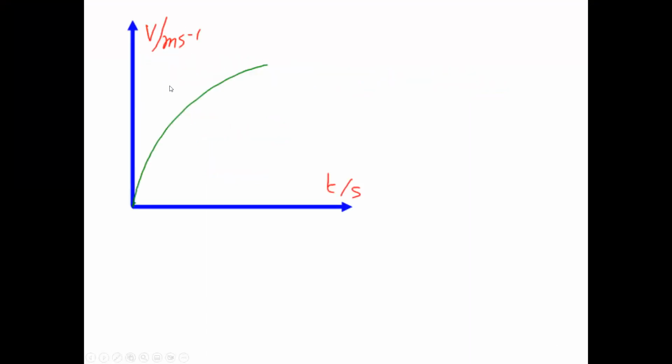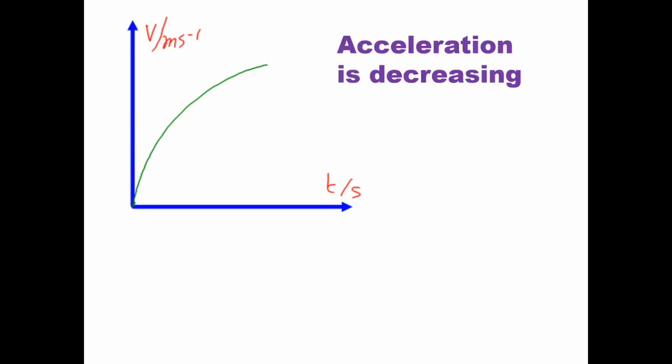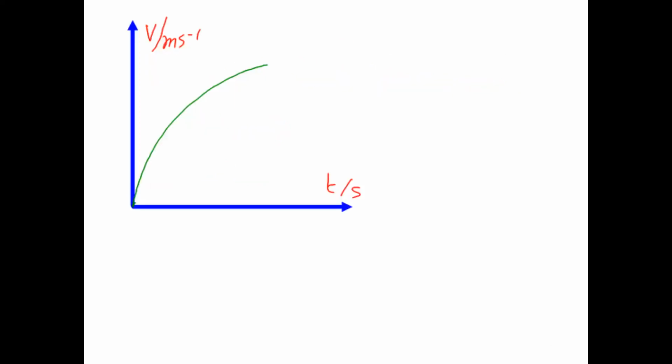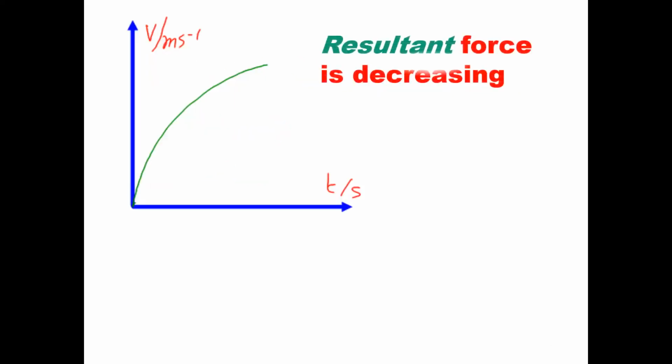This is the graph, for example. The graph says acceleration is decreasing. So I will say, after this logic, resultant force is decreasing. How can I say resultant force is decreasing from this graph?